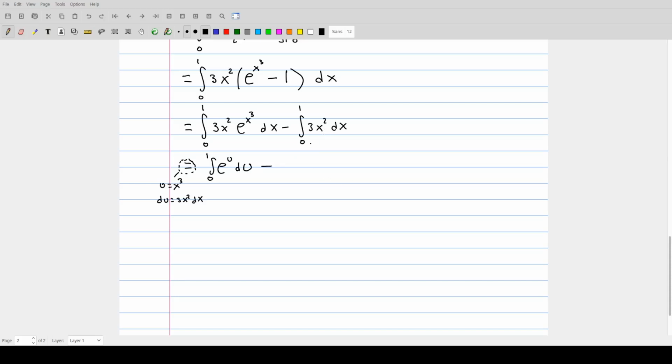minus the antiderivative of 3x squared dx, which is 3 times the antiderivative of x squared, x cubed over 3. We need to remember to evaluate that from 0 to 1, because we're doing the fundamental theorem of calculus here. This entire thing then is the antiderivative of e to the u, which is just e to the u.